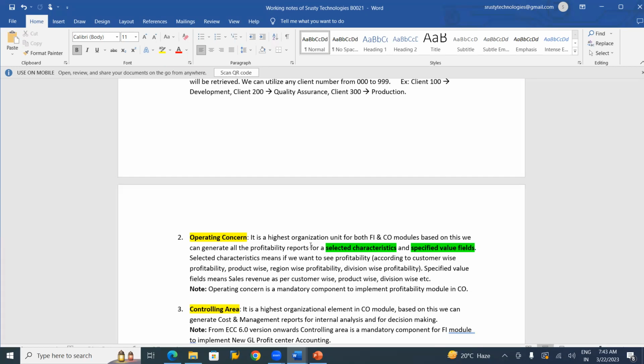Based on this, we can generate all the profitability reports for selected characteristics and specified value fields.